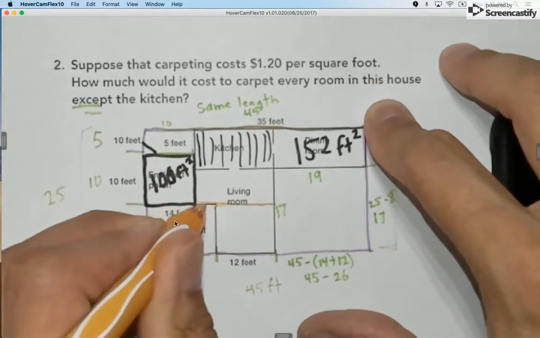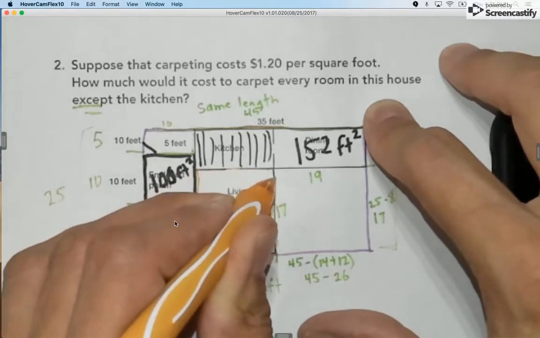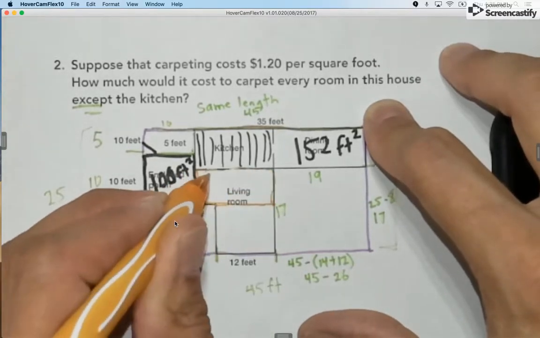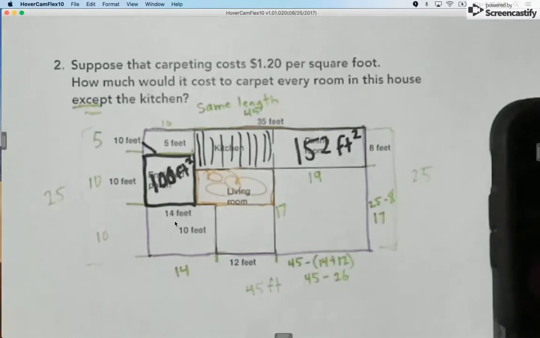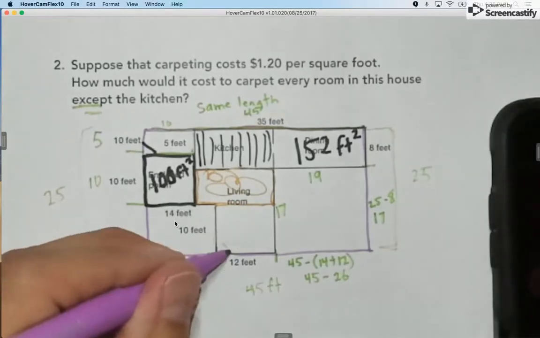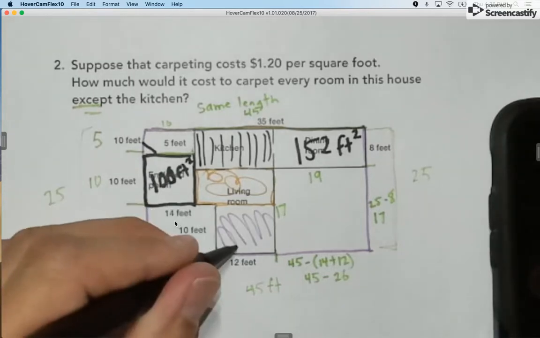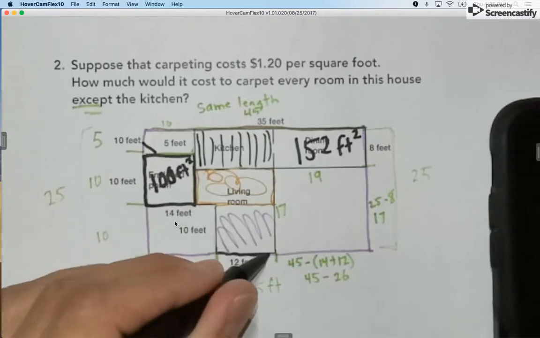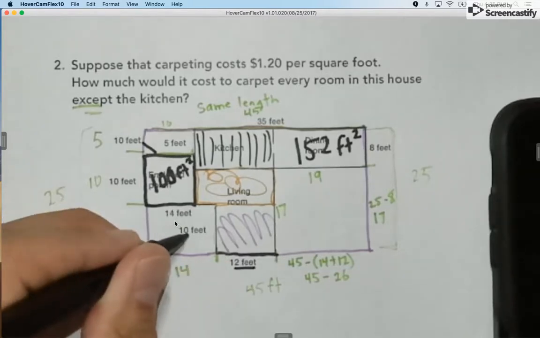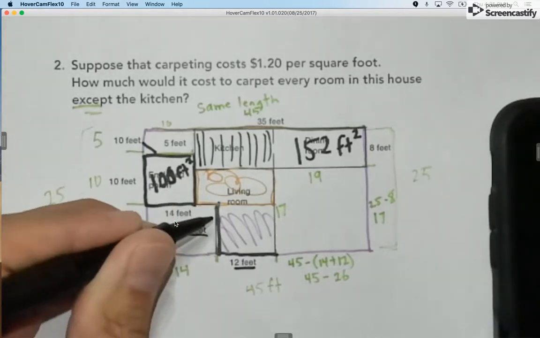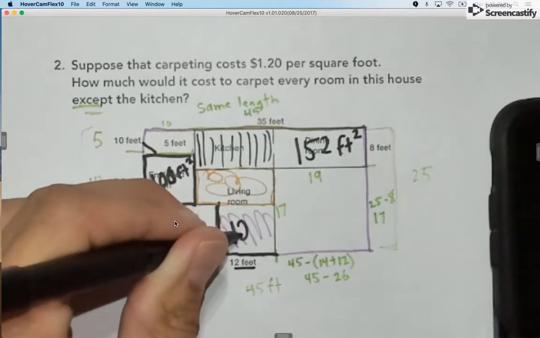So we have the orange rectangle, and then we have the other one, which is going to now be the pink rectangle. Okay. First, pink rectangle is 12 feet by 10 feet because it says this is 10 feet. So the pink rectangle is 120 feet squared.